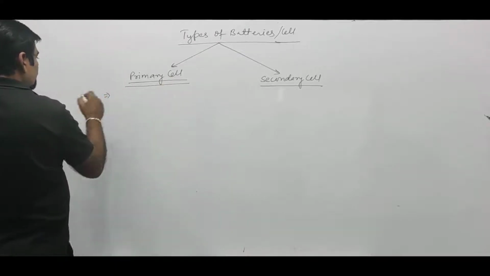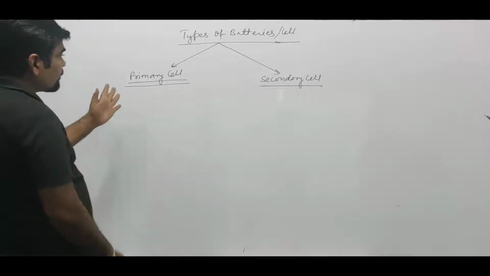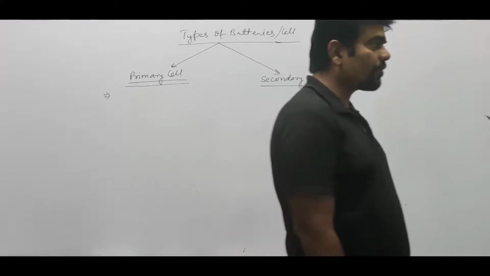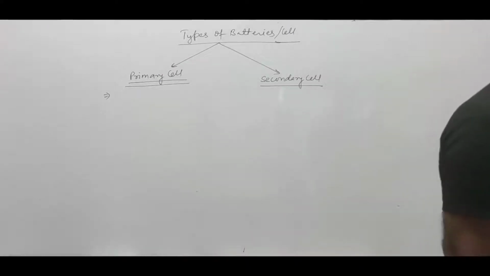The primary cell is such a type of cell in which the cell reaction is irreversible.